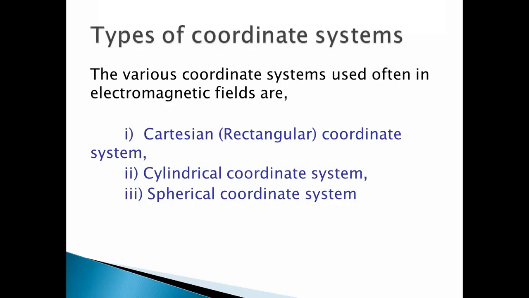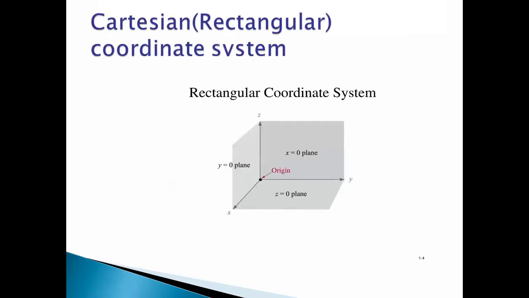And now we'll see the Cartesian, or it is also called rectangular coordinate system. Here this is a rectangular or Cartesian coordinate system, the first coordinate system.